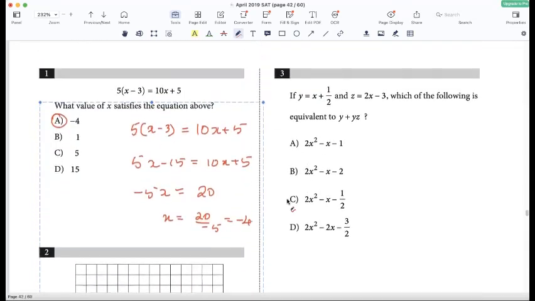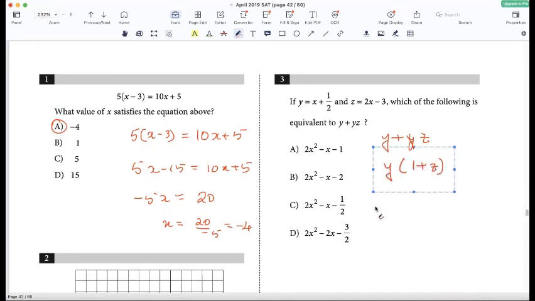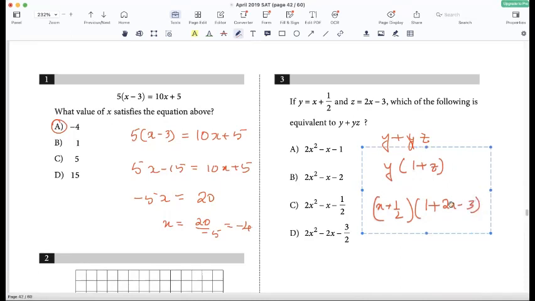Okay. If y is equal to x plus 1 by 2 and z is equal to 2x minus 3, which of the following is equal to y plus yz? Y plus yz, so that I can write as y times 1 plus z. So y is x plus 1 by 2, and that multiplied by 1 plus 2x minus 3.